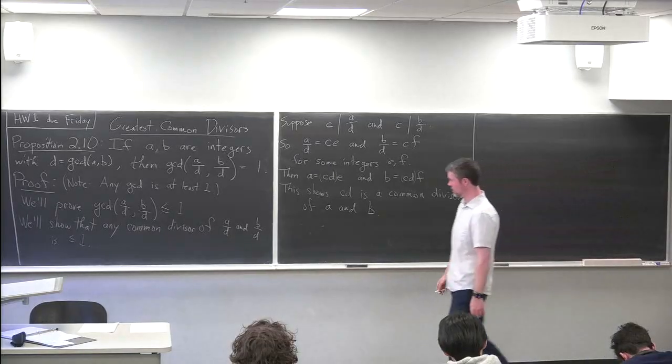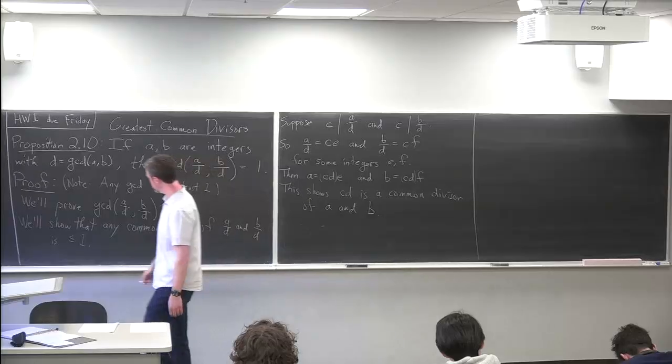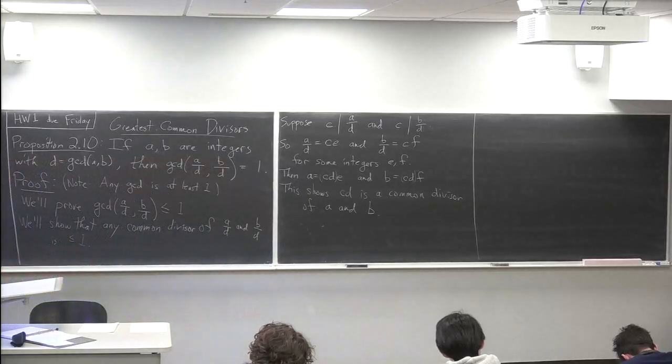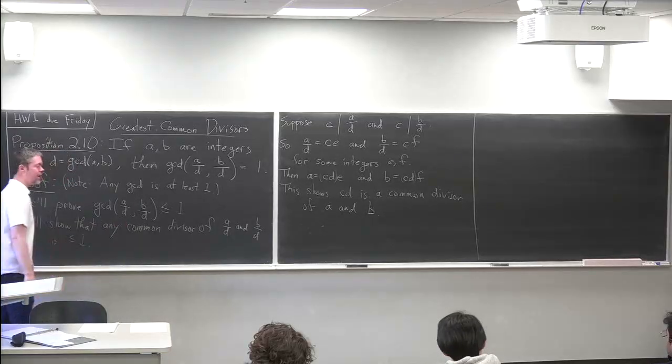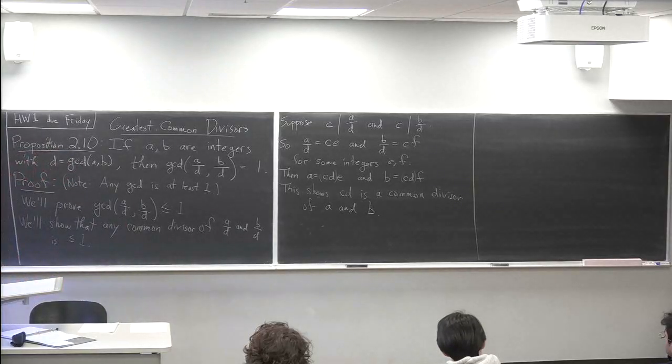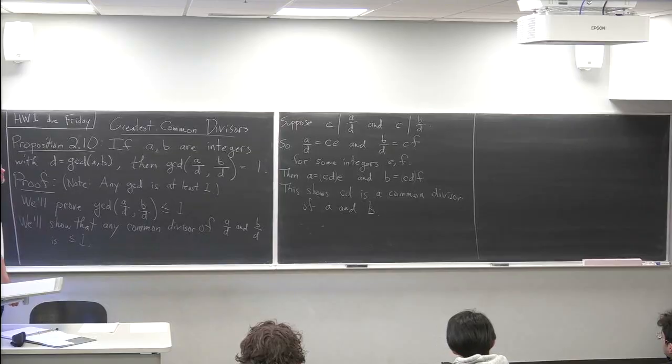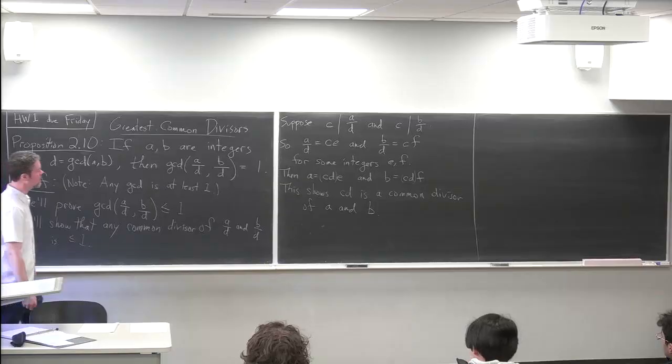There's something I was a little sloppy about that I should fix over here. So let me amend things a little bit. What I meant to do along the way is assume C is positive, which is probably what you're thinking anyway. Oh, maybe I don't need to do that. No, I don't need to do that. Okay, forget it.